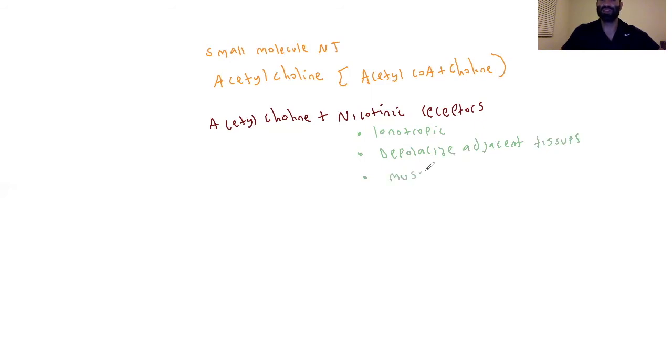This is the chief neurotransmitter responsible for muscle contraction. Acetylcholine, when it binds with a nicotinic receptor, is going to open up sodium channels on that muscle fiber, which is going to depolarize the muscle fiber and result in contraction. All three types of muscle are triggered by acetylcholine. However, acetylcholine also can bind with a metabotropic receptor.